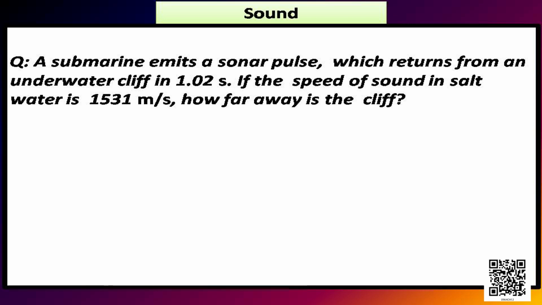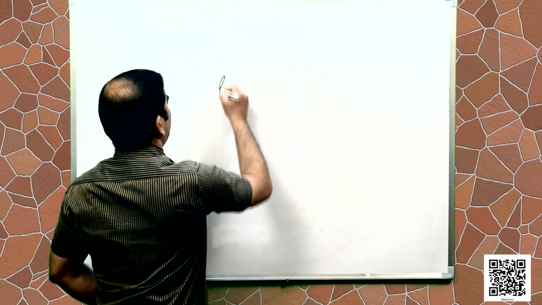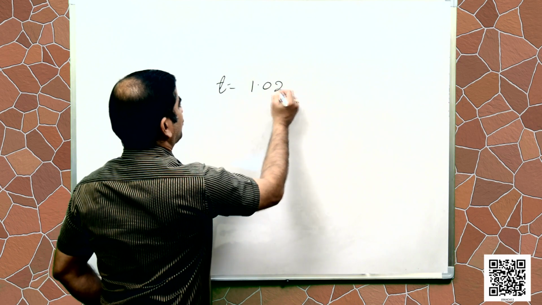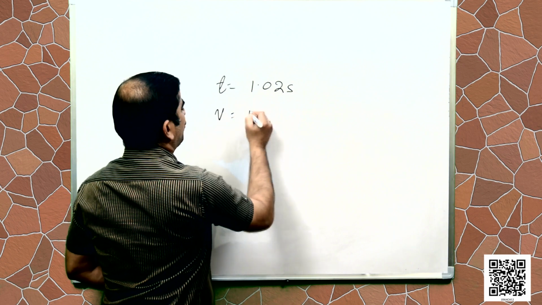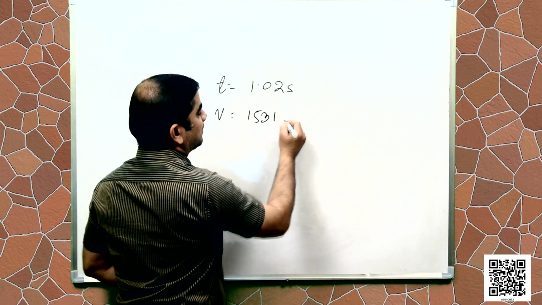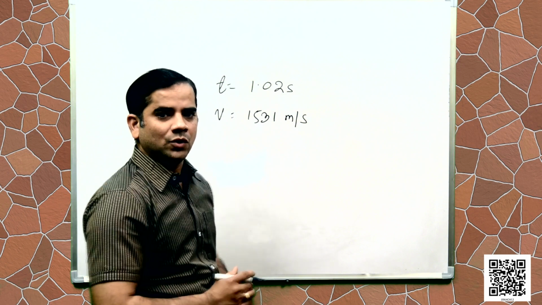Okay? Students, it is given that t is equal to 1.02 second and v is equal to 1531 meter per second. Okay?